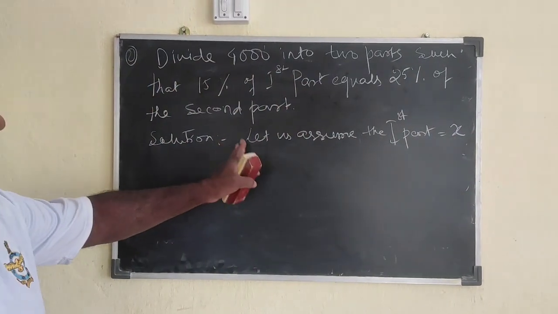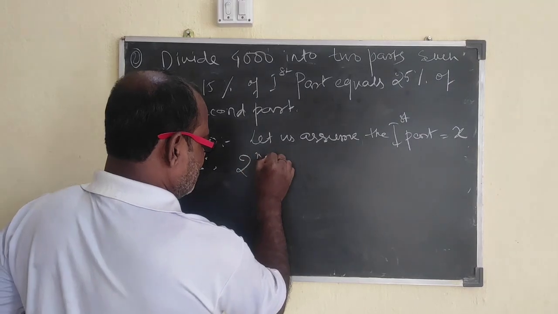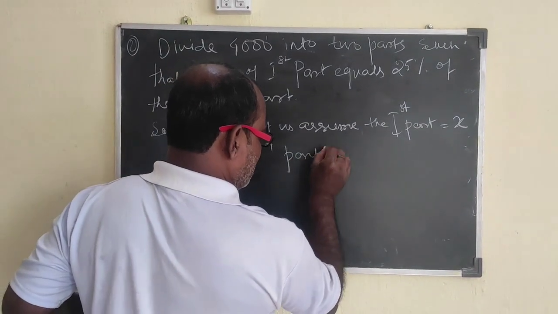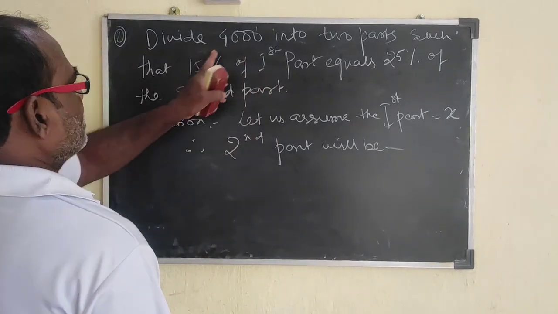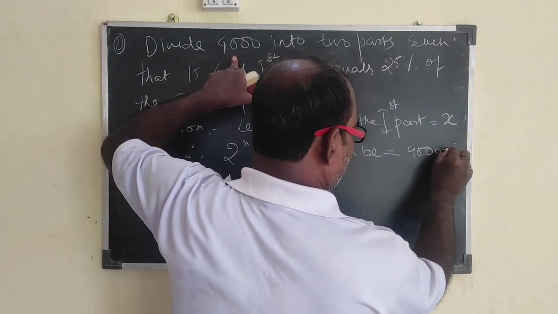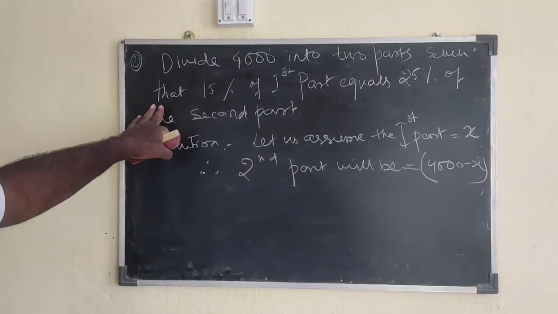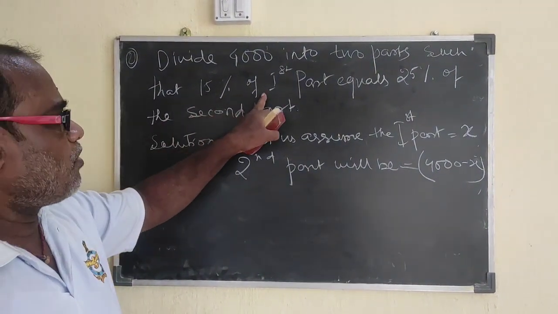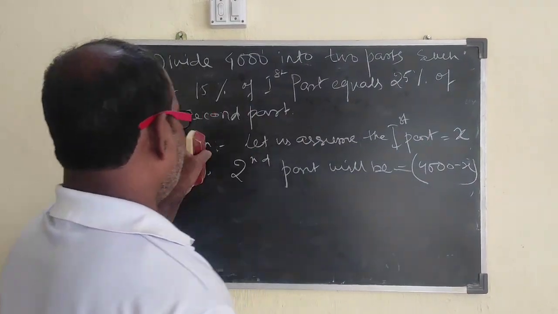Since the first part is x, therefore the second part will be 4000 - x.